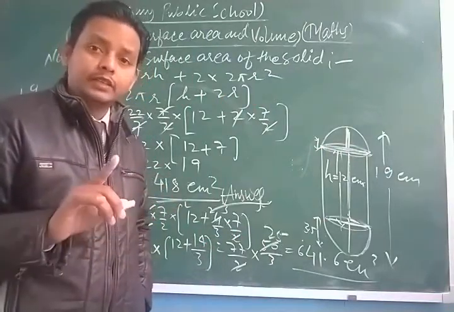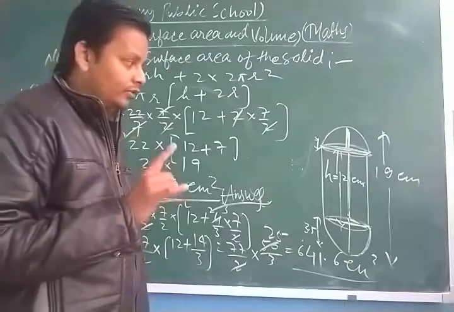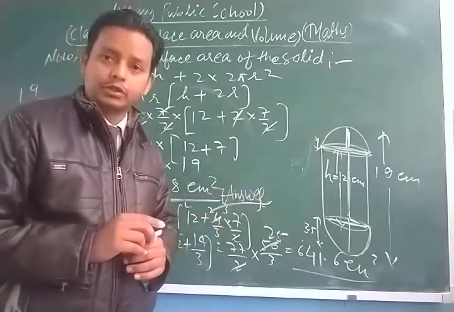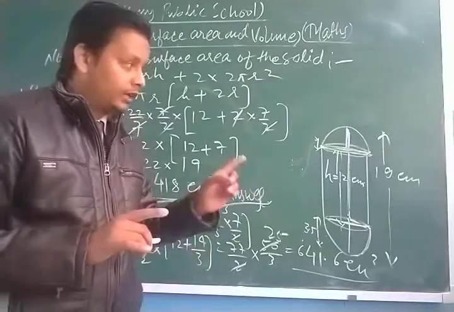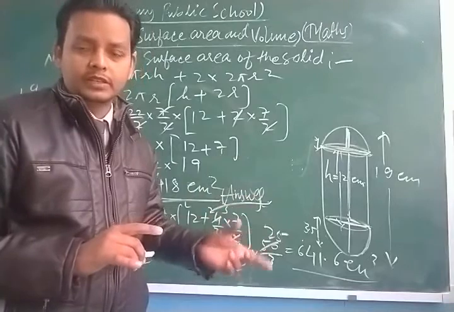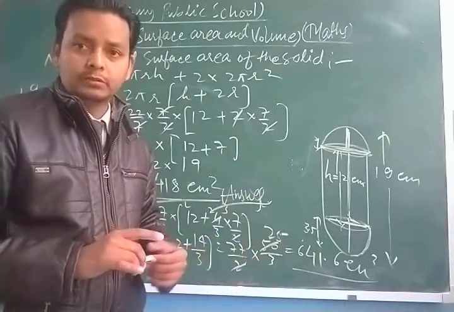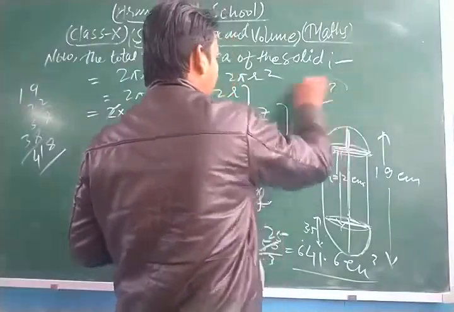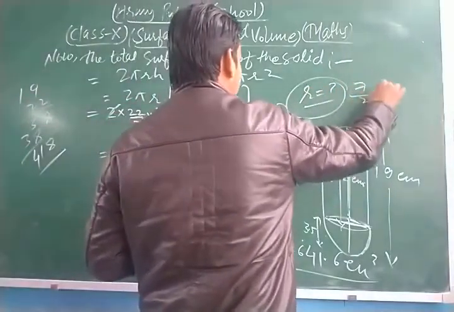So in this way their radii will be the same, means the radius of the hemispherical portion is the same as the radius of the cylindrical portion. So we find the radius r, that is 7 by 2 centimeter.